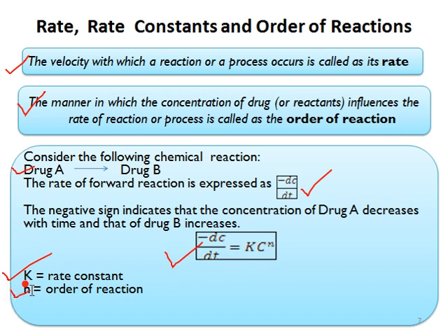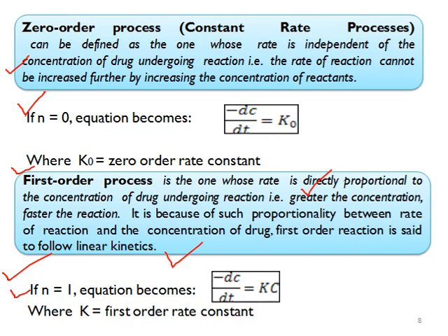order of reaction. So normally we observe two different types of reactions after the drug is absorbed in the body. The first one is the zero order reaction and the second one is the first order reaction. Zero order process can be defined as the one where the rate is independent of the concentration of drug.